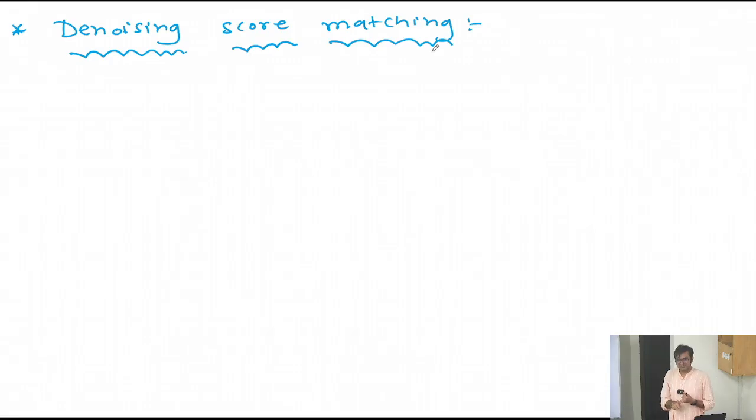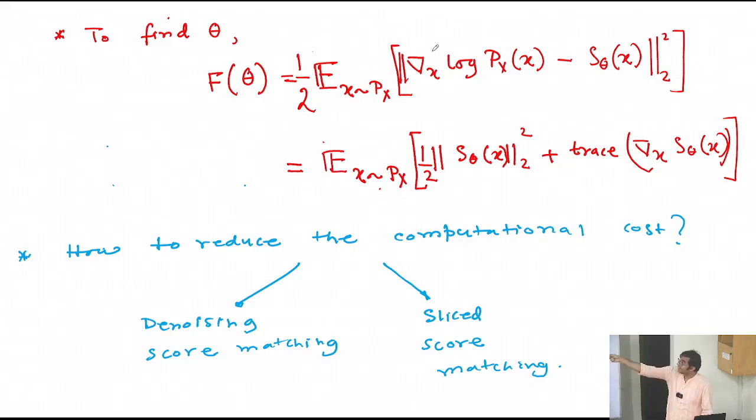The reason why we are doing it will come later, but the big idea is that instead of matching p(x) or grad_x of log p(x), because that is the term that is giving rise to this gradient of s_theta, that term has a role in the grad of s_theta coming into the picture.